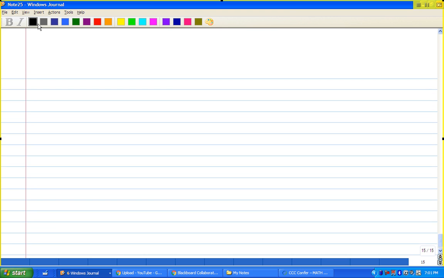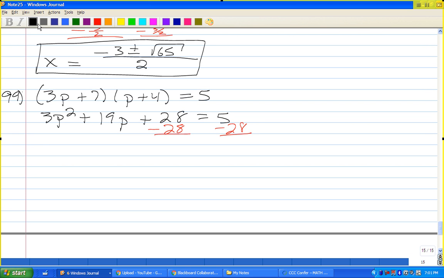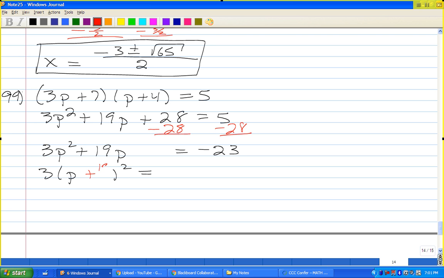So you have 3p squared plus 19p is equal to negative 23. So let me complete the square. Since there is a 3 in front of the p squared, I'll just take 19 divided by 3 times 2, 6. So 19 over 6.